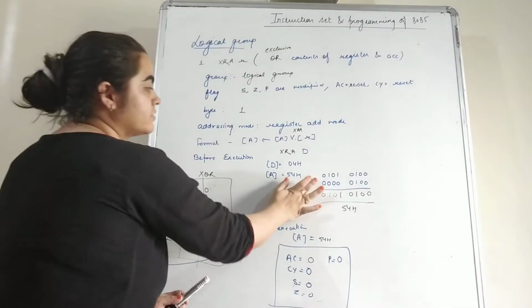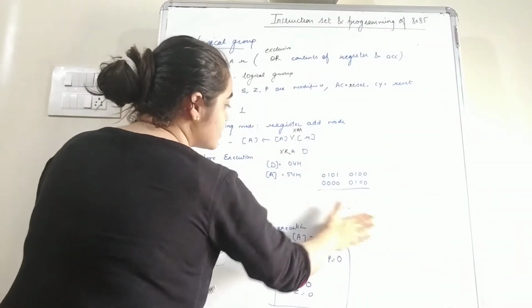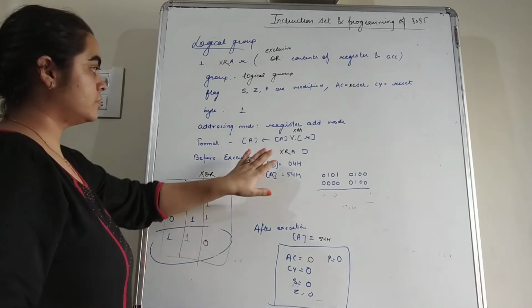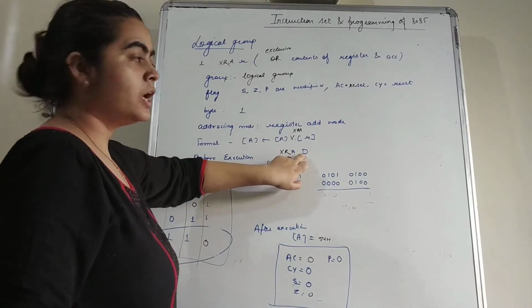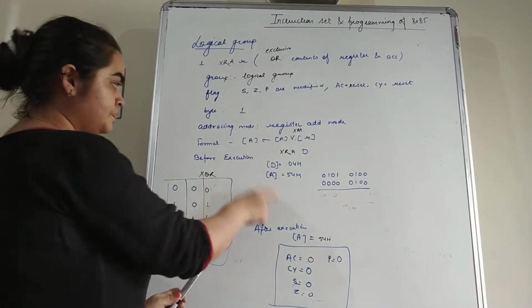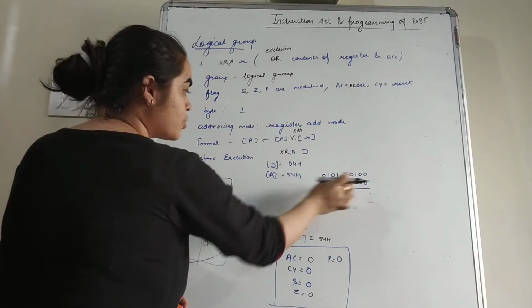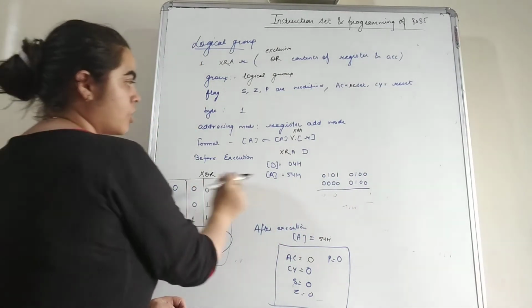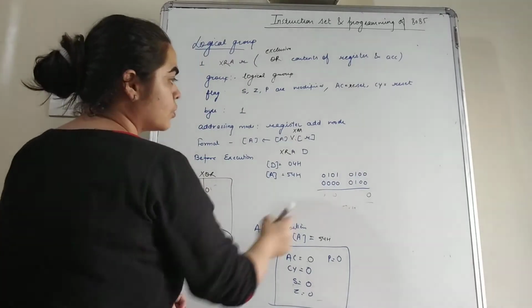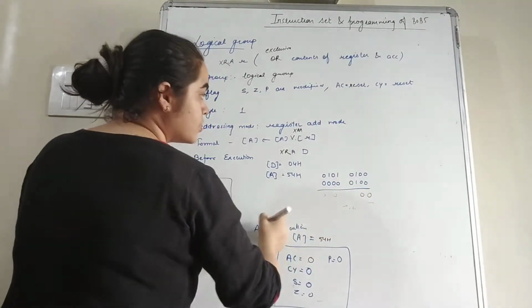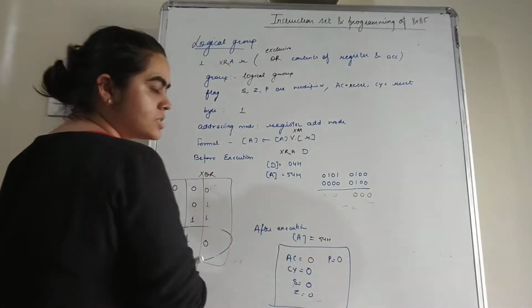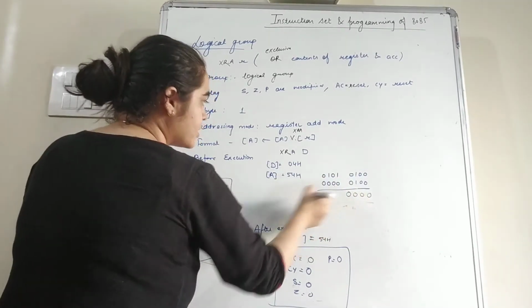So you can see with the same example we can take the same values, and the instruction which we have is XRA D. So students, now we can see 0 and 0. We can XOR 0 and 0, so result is 0. Again 0 and 0, 0. 1 and 1, result is 0. 0 and 0, again the result is 0.